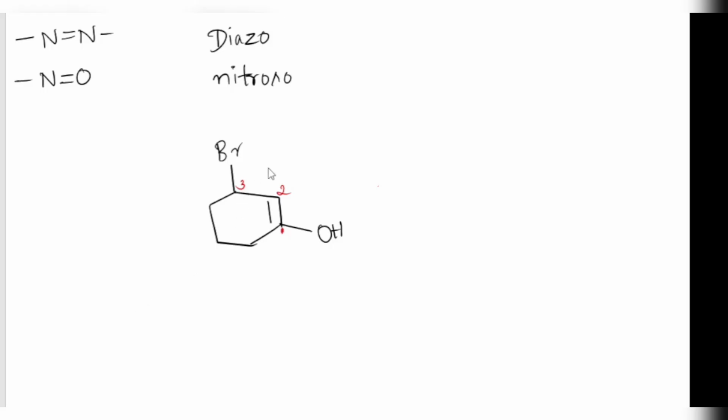First of all we have to write the prefix. In the third position there is bromo, so I write 3-bromo. Then what is this whole ring called? Cyclohexyl. This is a 6-membered ring, so for 6-membered we call it cyclohexyl.